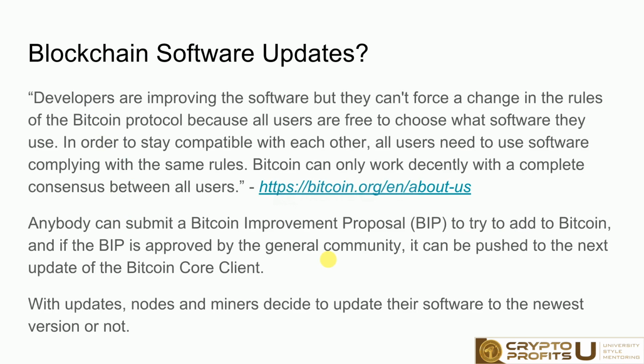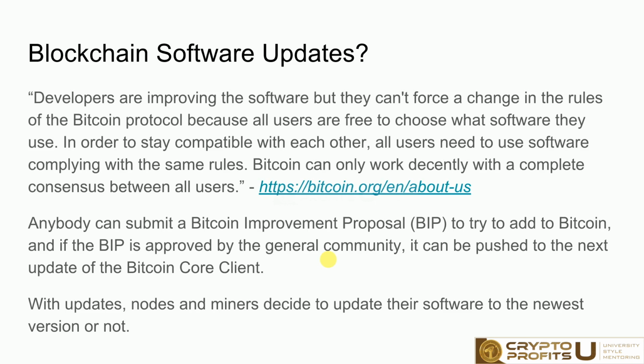So what about blockchain software updates? Now, this is a quote from Bitcoin.org, and there's a lot of really good information that I encourage you to look at on Bitcoin.org, because that's kind of like the central hub for all of the information. That's the site that supposedly Satoshi Nakamoto registered. Now it says developers are improving the software, but they can't force a change in the rules of the Bitcoin protocol because all users are free to choose what software they use.